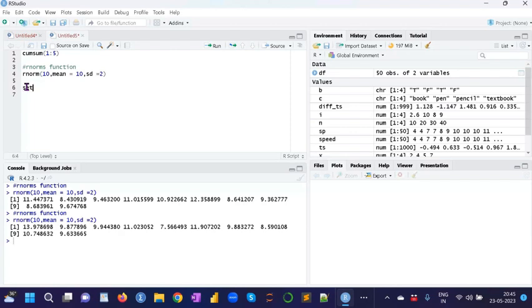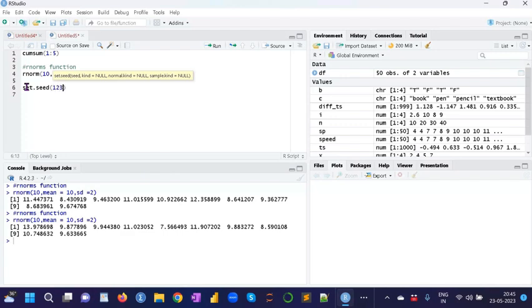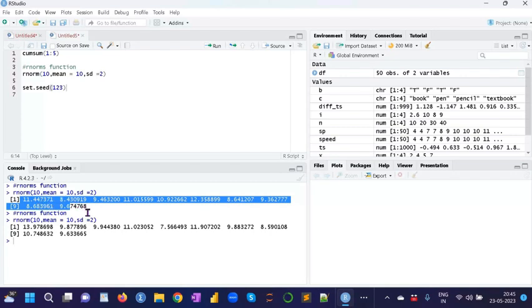Now I use set.seed, where I pass 123. Set.seed means that it gives the output in a particular way, not a different way like this. When I run it without it, it gives different values; with it, it gives constant values. It does not change every time I run it.